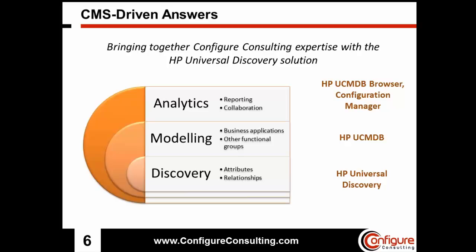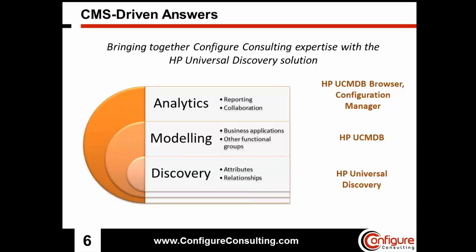So starting from the base layer, first step is discovery. Working with the Universal Discovery tool, we're able to capture critical configuration items data, including attributes, relationships, and change history. This discovered information often gets augmented with in-house repositories of relevant data. This can be things like CI owners, application status, criticality, or what have you.